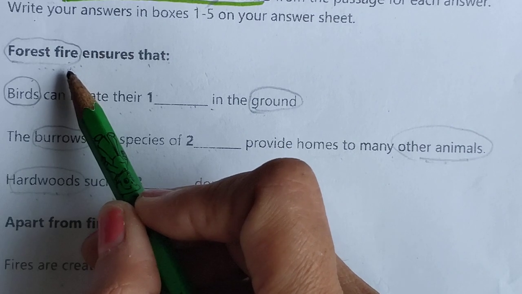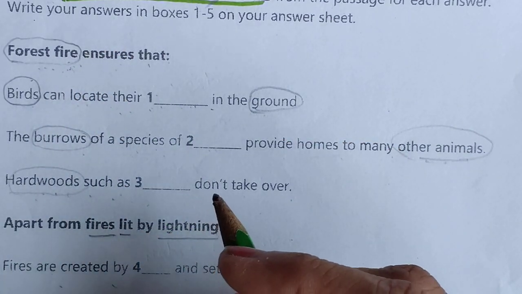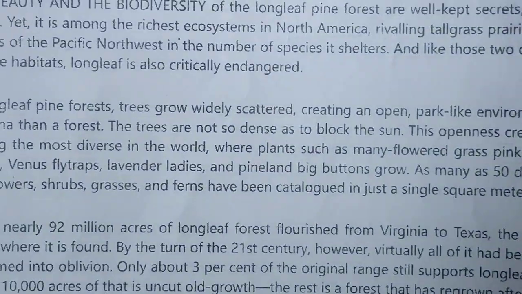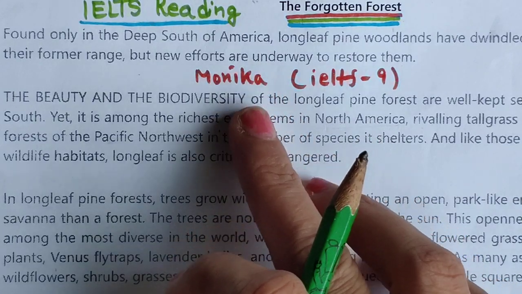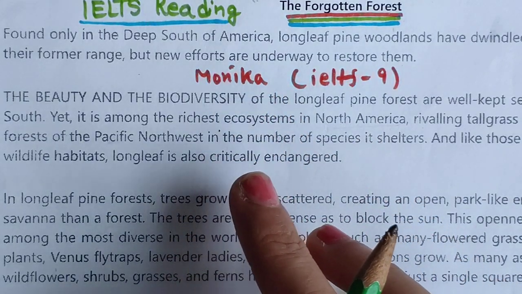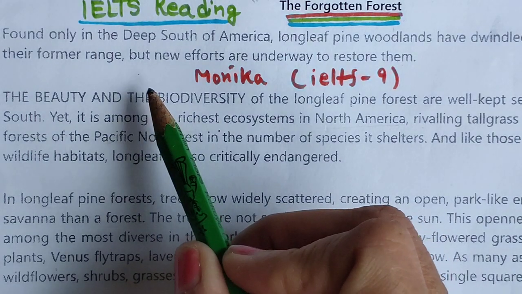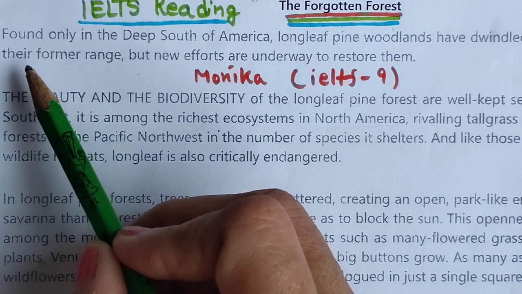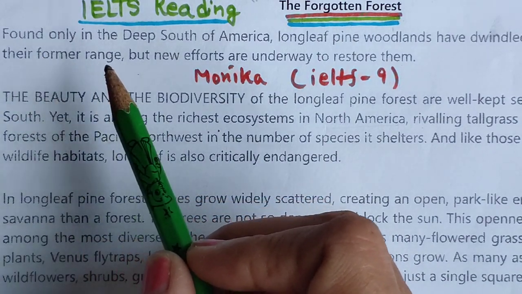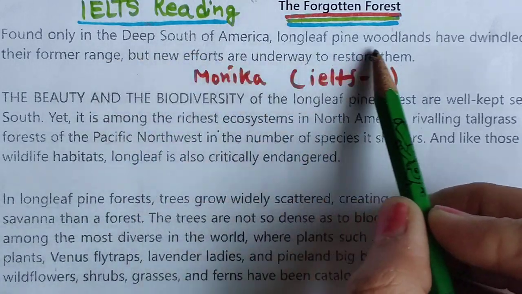Forest fires, of course the first type of question is this. Definitely we are going to look into the first paragraph. I am not going to read each and every sentence. I will show you the full paragraph, and how I am doing it you will also be finding the answer on your screen. You can see I am going to look only for the word forest fire to find the location of the first 3 questions.